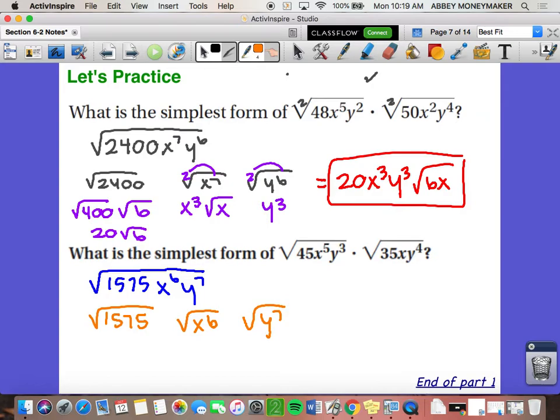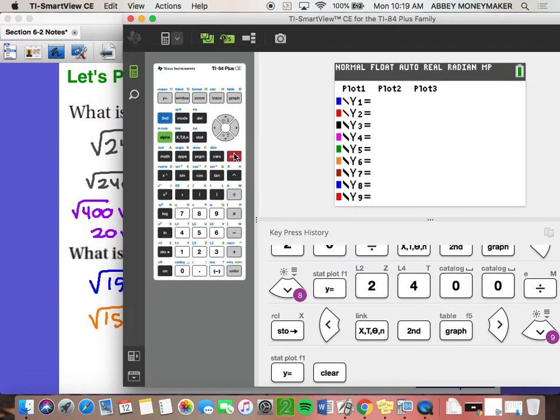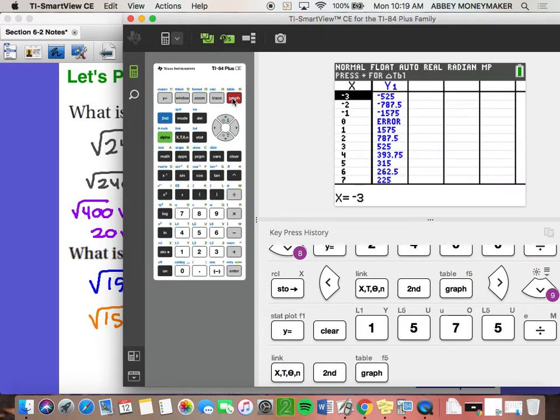And again, we are dealing with a square root problem. So we want to look for our perfect square factors of 1575. So let's type in 1575, and we're dividing that by x. And we're going to go to the table.